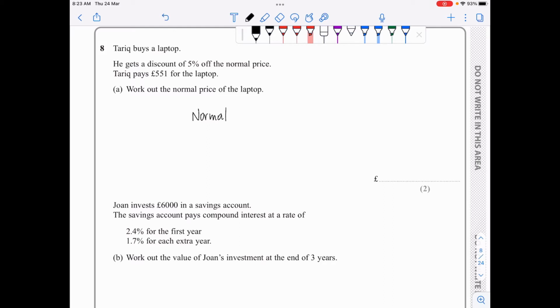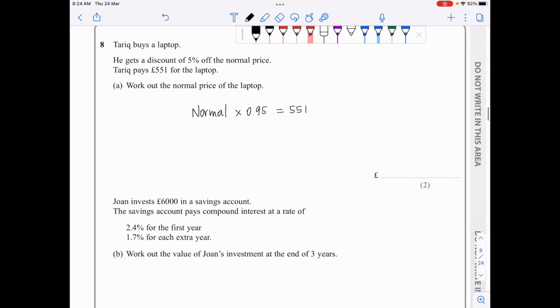So if I want to decrease a quantity by 5%, the multiplying factor is 0.95 because I end up paying 95% of the original. And we ended up paying 551 pounds. So to get the normal price, I'm just going to do 551 over 0.95, which my calculator gives us as 580 pounds.